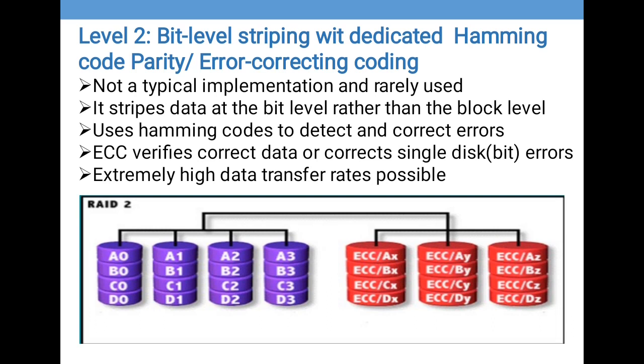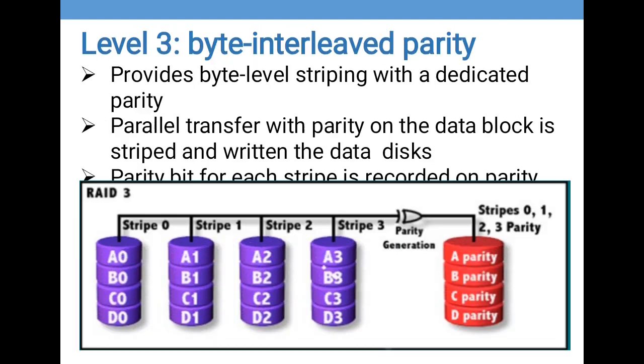It is extremely useful to transfer high data rates, and it also consists of ECC, error correction code. Mostly it uses the Hamming code technique to detect and correct the errors.